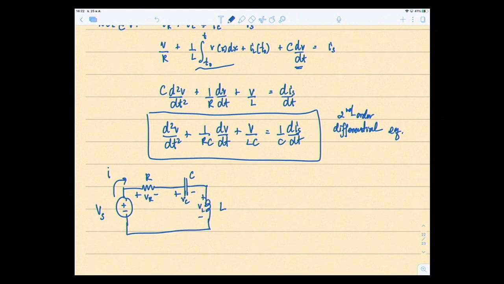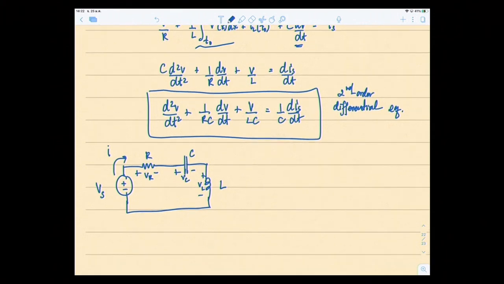Well, it's connected in series, so you add the voltages up. Therefore you write KVL of this loop, and of course you would get VR plus VC plus VL equal to VS. I'm going to express all this in terms of the current.